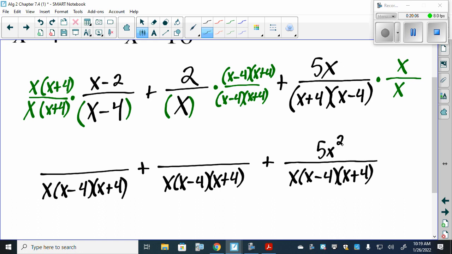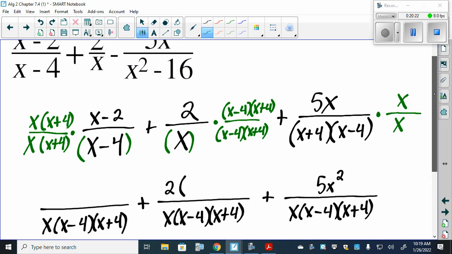The middle one, we can actually cheat, in quotes, a little bit in that multiplication. I'm going to write the 2 down. But doing x minus 4 times x plus 4, well, where did we get both of those from?